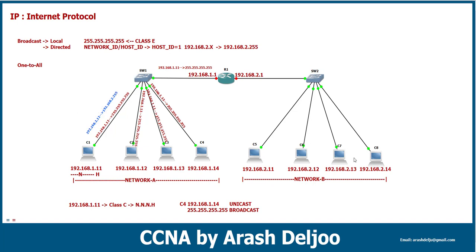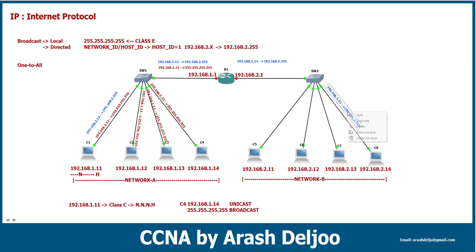As you can see, we don't have this IP address, but this traffic can be forwarded to the router, and the router should forward the traffic to the other networks, because this is destined for 192.168.2. The traffic is now forwarded to these networks, and it can be accepted by all of the PCs here, because this is a directed broadcast.